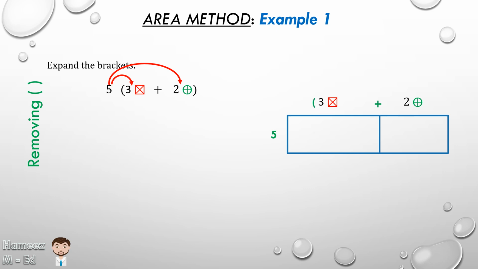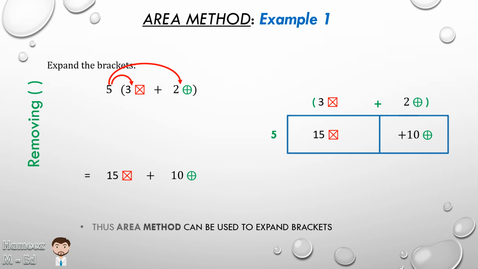We can put in the brackets here so it looks exactly like the question. Now finding the area of the first rectangle, 5 times 3 squares gives us 15 squares, and 5 times 2 circles gives us 10 circles. So our answer will be 15 squares plus 10 circles. Thus, the area method can be used to expand brackets as seen here.